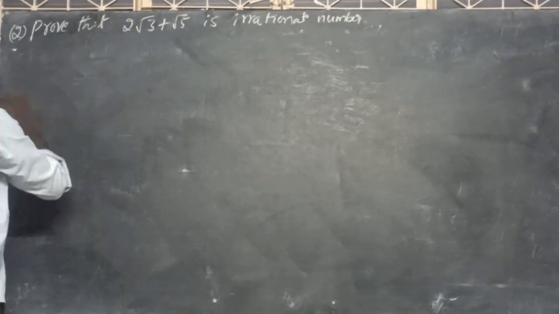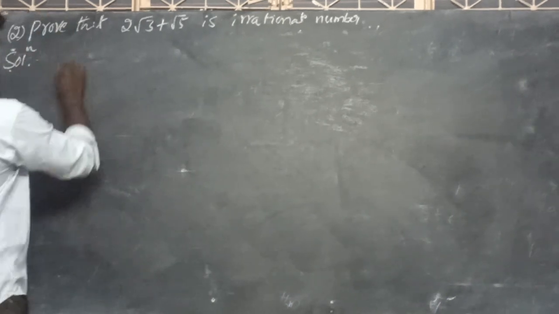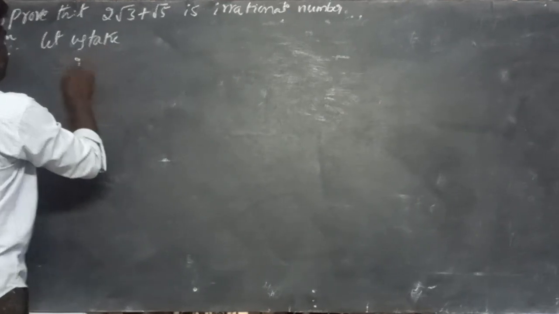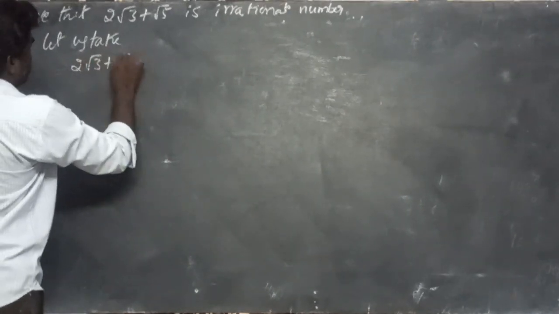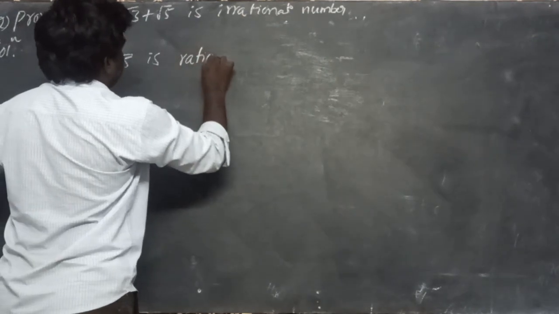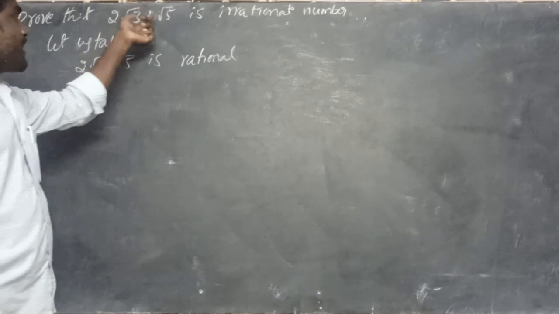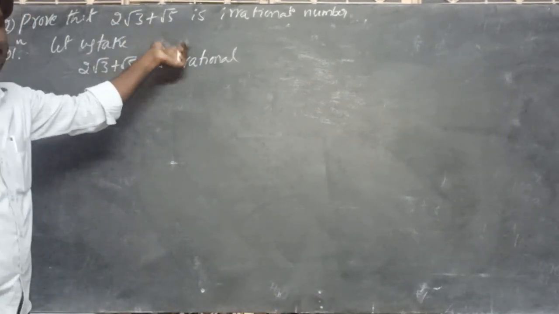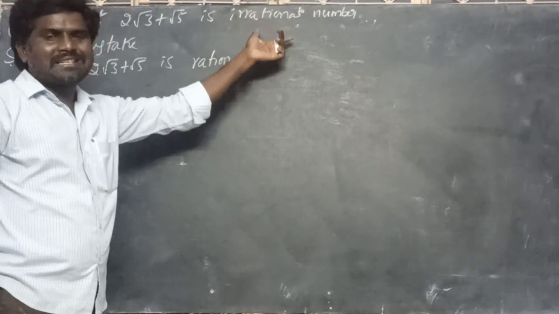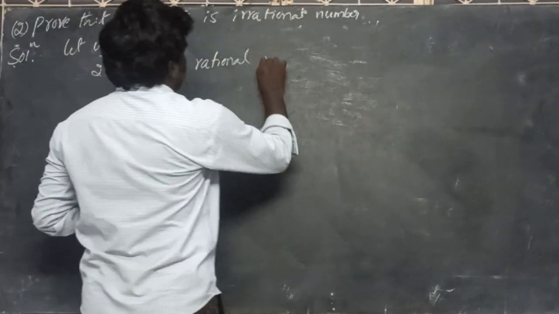So by using the contradiction method, let us take 2 root 3 plus root 5 as a rational number. Contradiction method means first of all we assume it is not an irrational number, that is, it is a rational number.